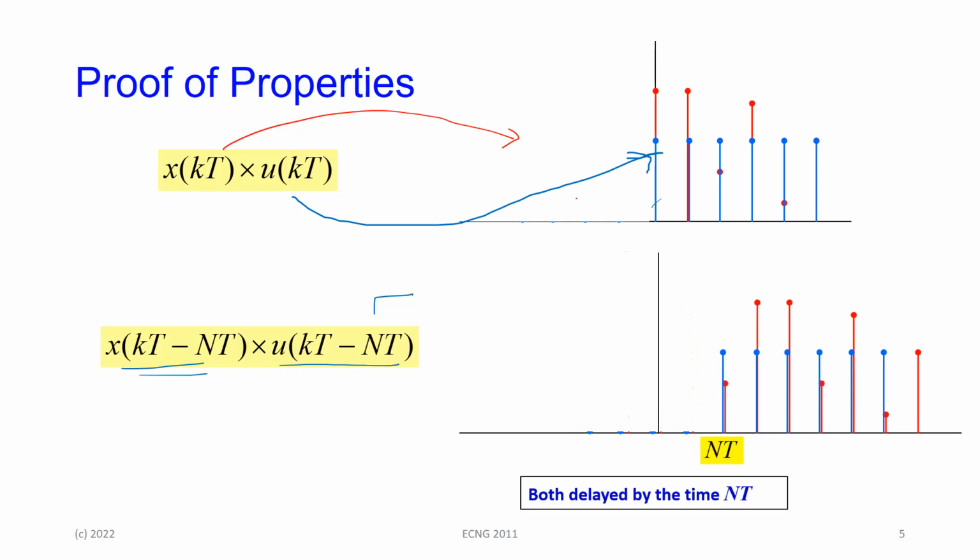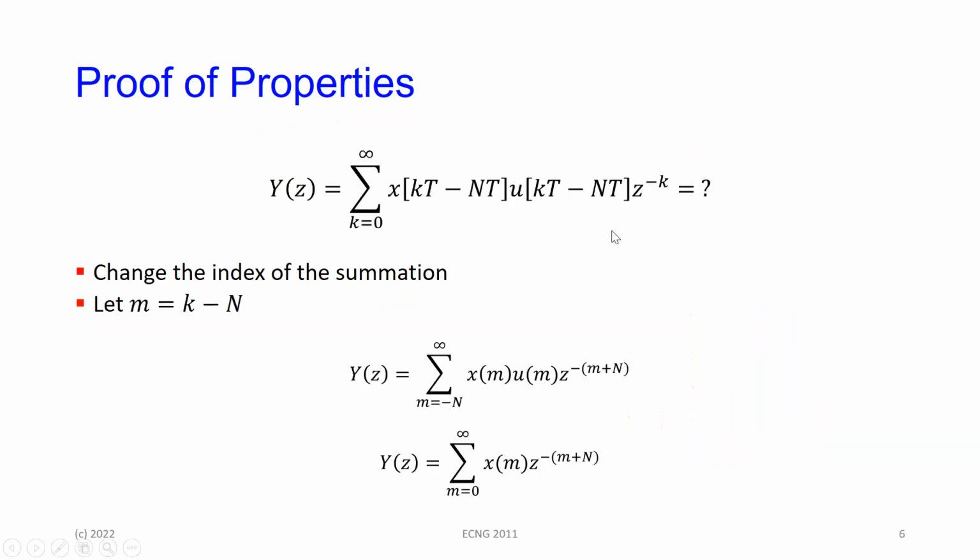What is the Z transform of that? This is what we have here. We can change now: if I let m be k minus n, you can always put this as k minus n in u(k minus n) here. The capital T is understood all the time. So now let me change the inside of here to some new variable m.